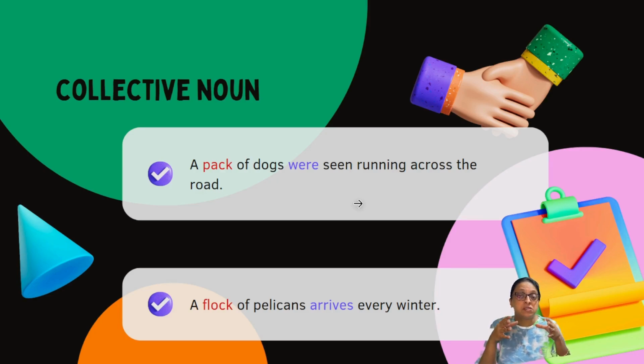A flock of pelicans arrives every winter. So you have to think in your mind whether you can visualize them. It is very important to visualize the sentence. These two sentences are examples of how we can visualize and then understand whether they are acting as members separately or they are acting as a group, as an entity.